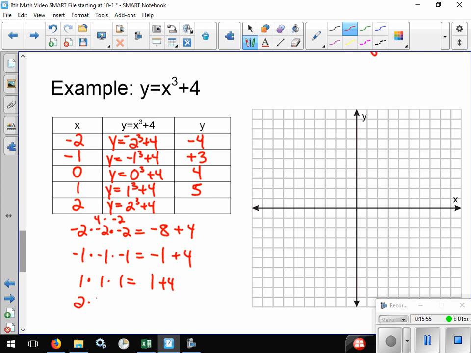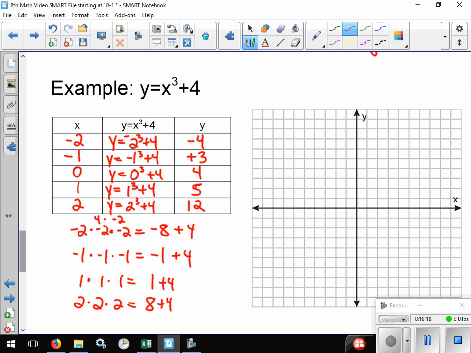So 2 times 2 times 2 is 8, a positive 8 this time, plus 4 gives us positive 12. Okay, see, pattern's not quite there. But that's what a cubic function is all about. You're not going to see much of a pattern. So when you get these plus 4s, I mean.